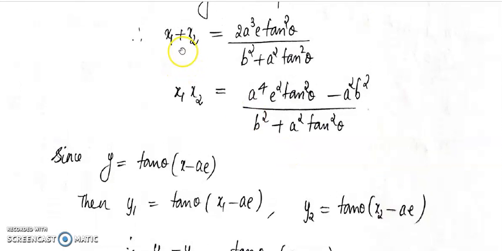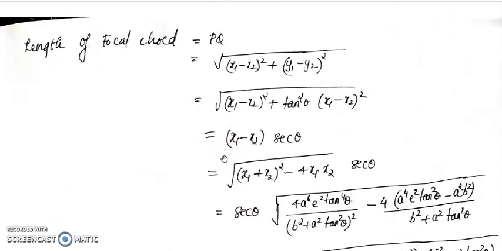Now we have the values of x1 plus x2 and x1 into x2. So we can form a relation between these two and x1 minus x2. So x1 minus x2 whole square will be x1 plus x2 whole square minus 4 x1 x2. So using that identity you can rewrite x1 minus x2 in this form. Now we can substitute these two values.